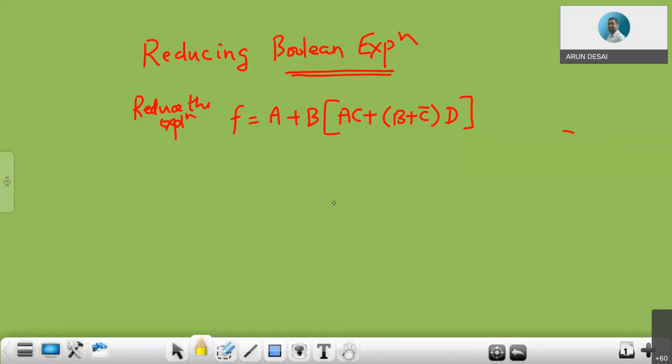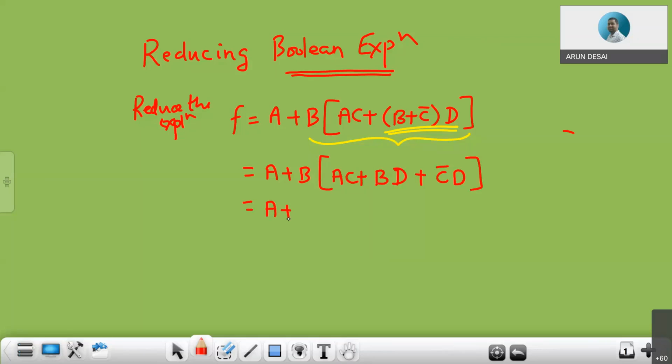First and foremost, multiply whatever you get and remove all parentheses. We start with this and then go for the next. First is A plus B, put everything as it is till here. Now multiply this with D, then C complement D. Now remove this parenthesis as well.